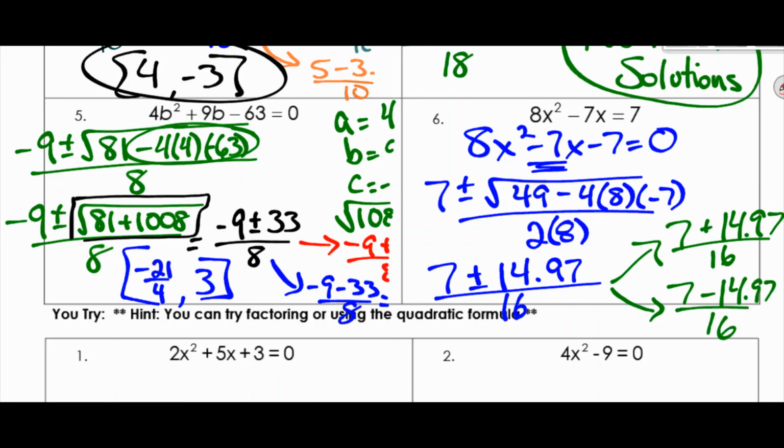So 7 plus 14.97 divided by 16 gives me a rounded answer of 1.37. And 7 minus 14.97, again, this answer is rounded, divided by 16 gives me negative 0.498. Those two numbers make my solution set.